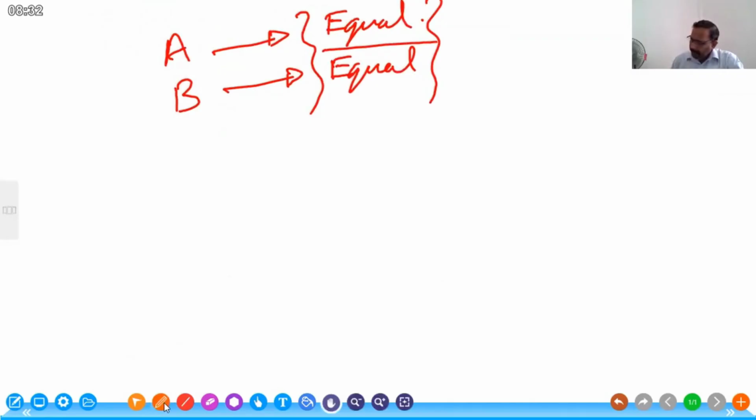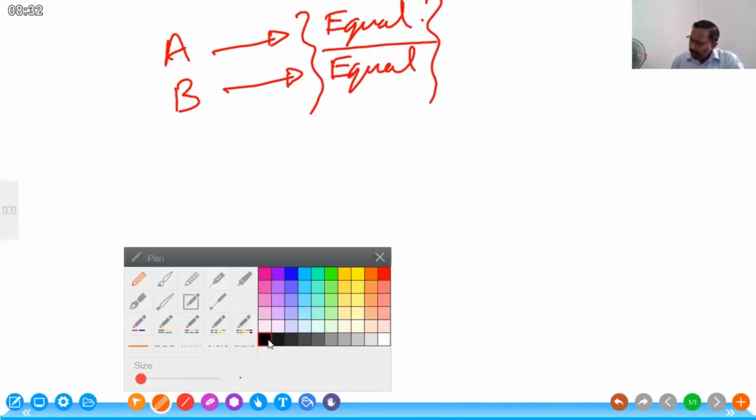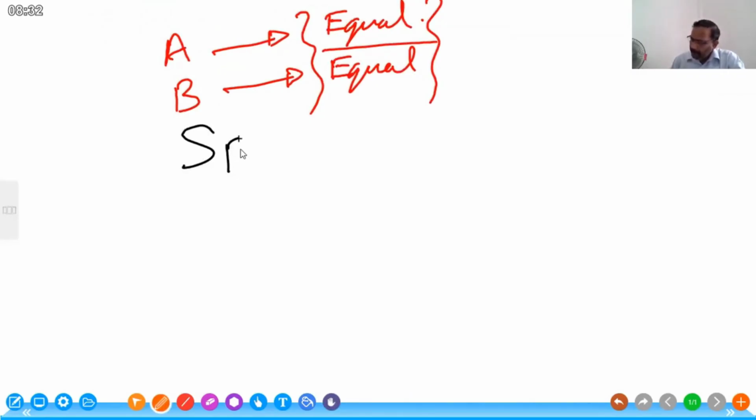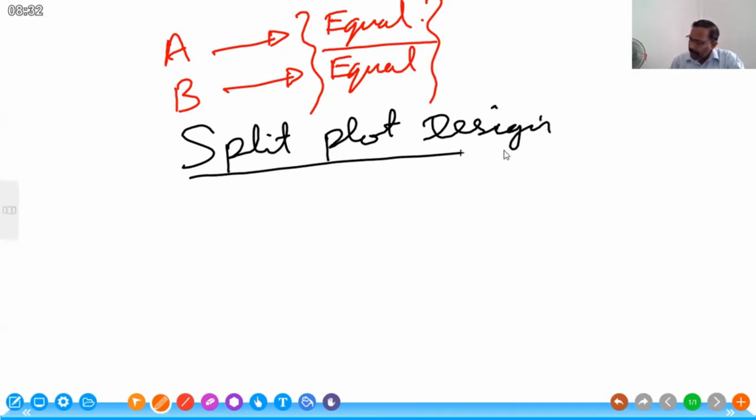Similarly, today we are going to start with the split plot design. Right. This is also a kind of modified form of factorial experiments. Modified form of factorial experiments.